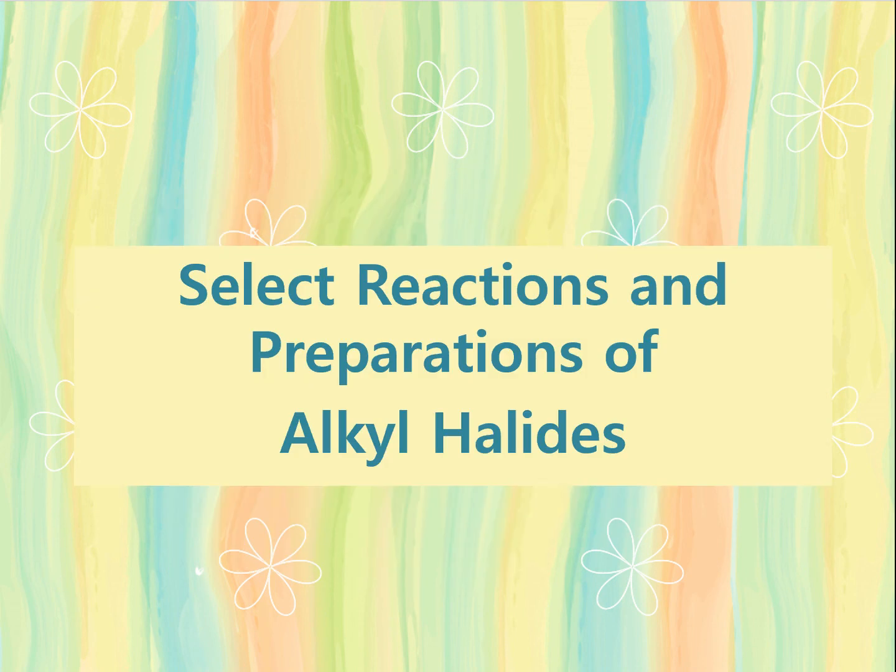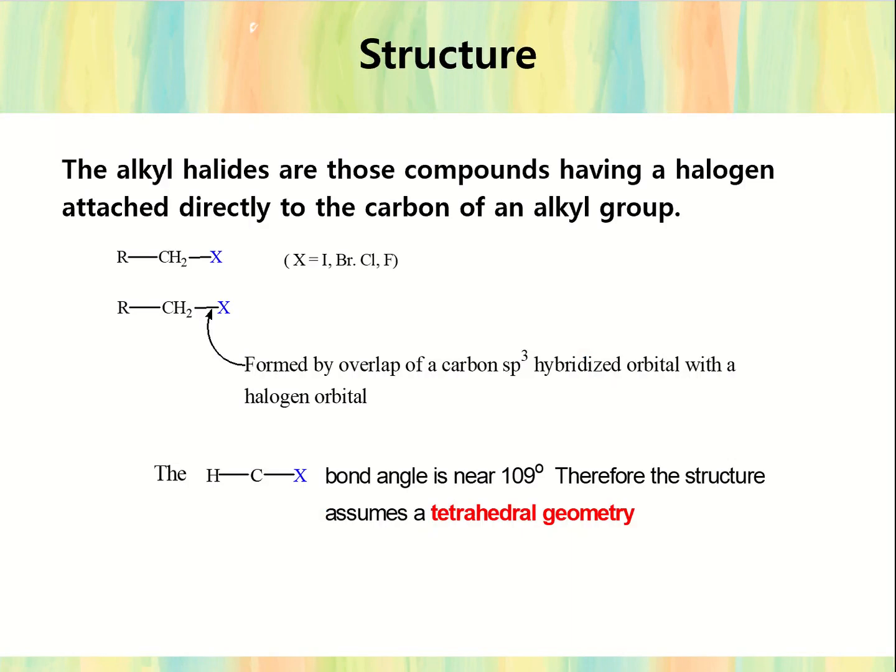All right, so now we're going to look at select reactions and preparations of alkyl halides. We are familiar with our alkyl halides, and we know that they are compounds having a halogen attached directly to the carbon of an alkyl group, right?